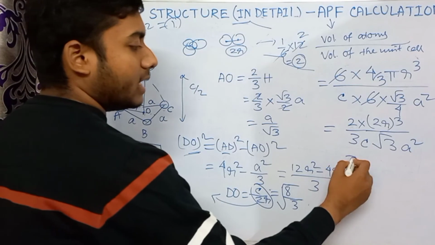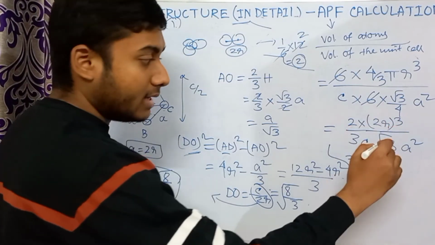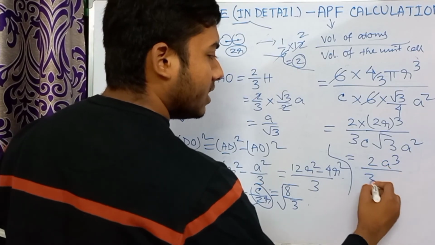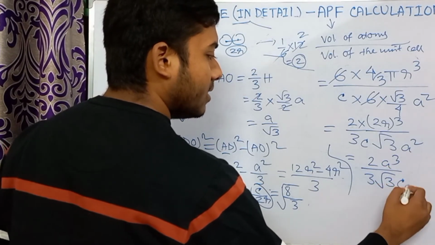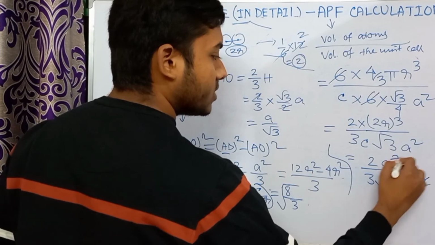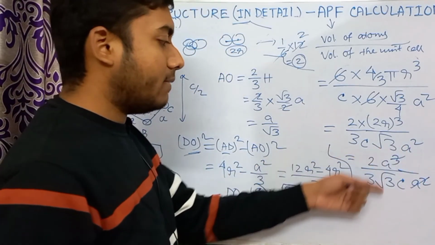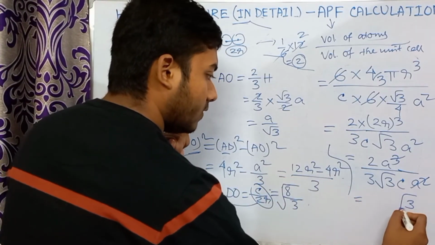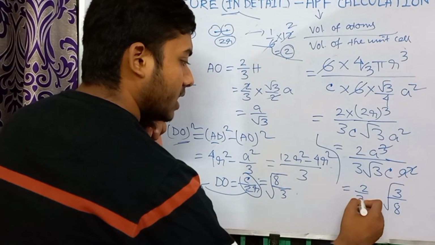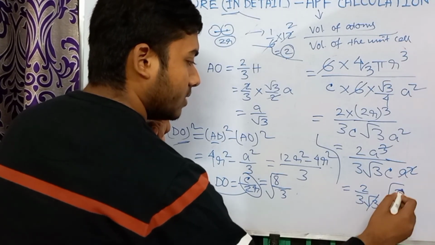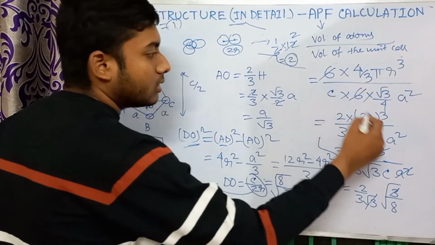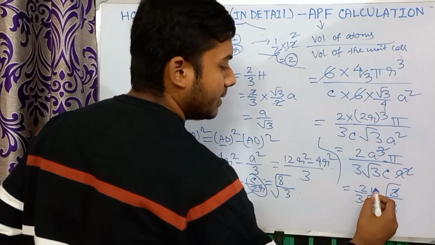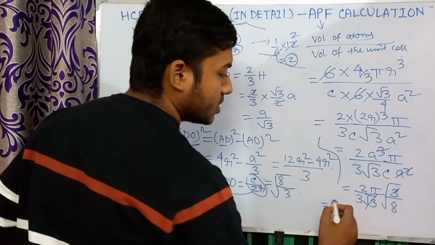This 2r, I can replace with a, because a equals 2r. So 2a cube divided by 3 root 3 c, and there is a square, so a square will cancel out, leaving a by c, and a by c is root over 3 by 8. This 3 will be cancelled out, and here a pi was missed, so there will be a pi, so this will be just 2 pi.